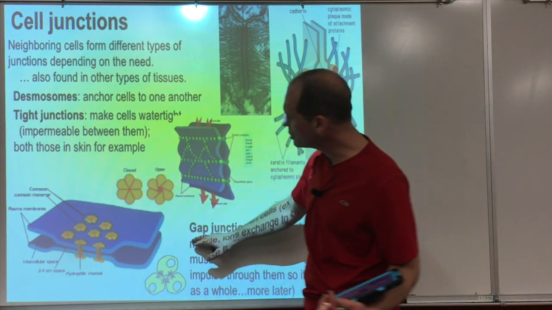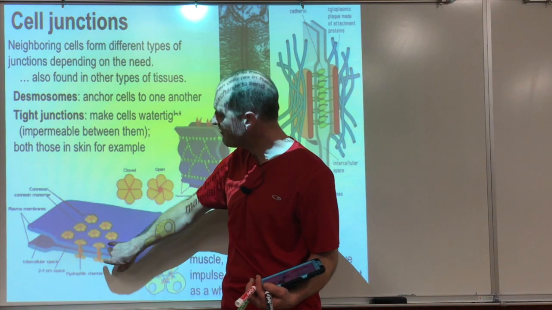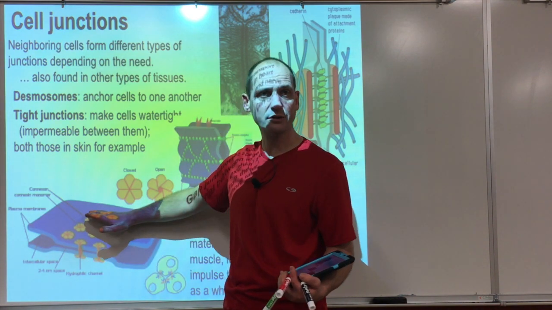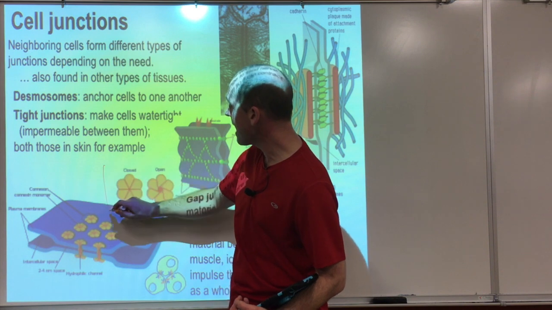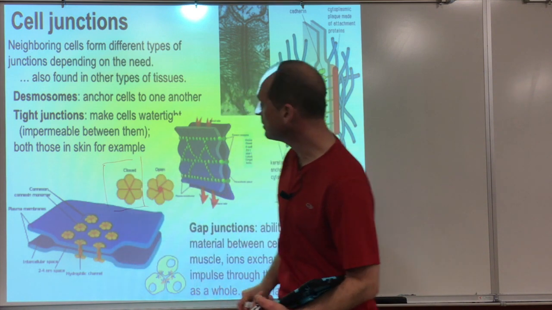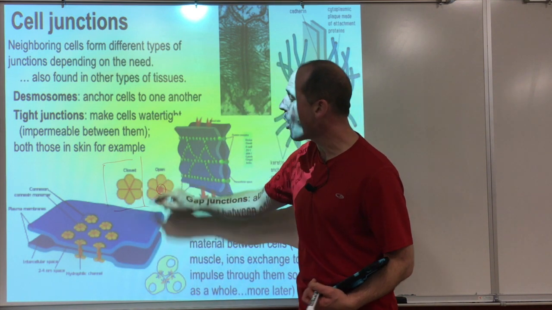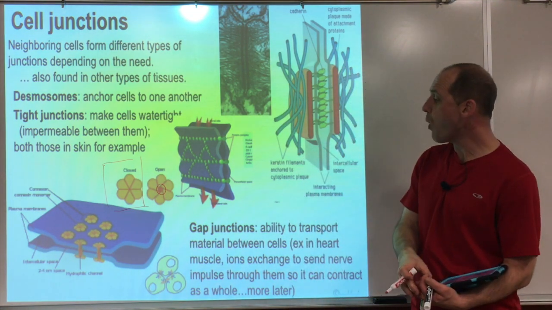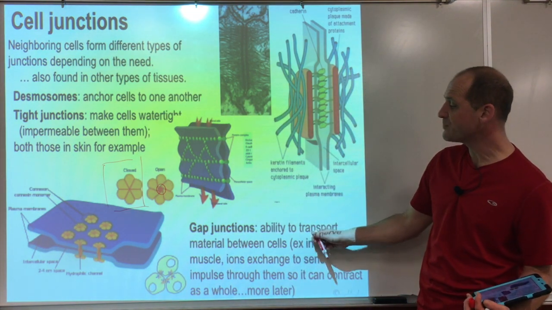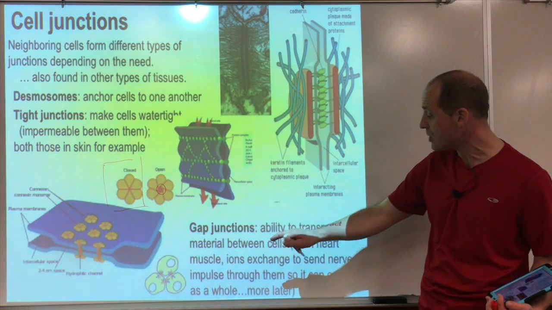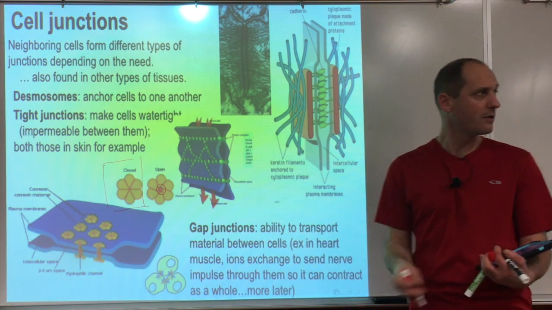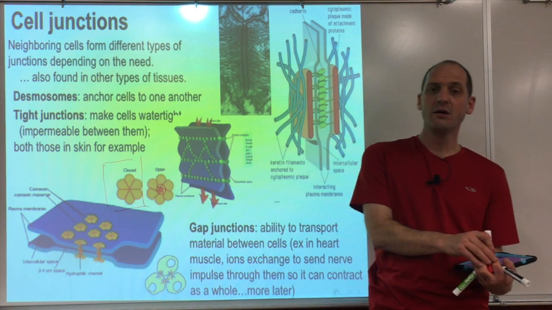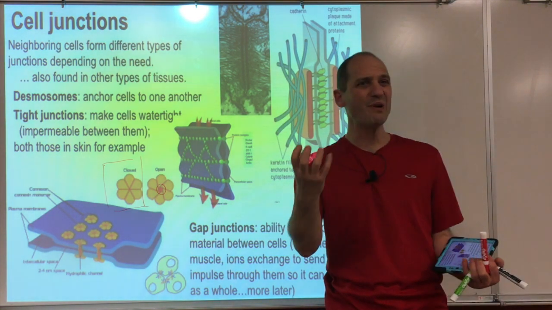The gap junctions leave a gap between the two cells. Look and see here, this is a gap that's closed, and then here it's open. And when it's open, it transports material between the cells. So a good example is the heart. The heart is a muscle, but it's many muscles.